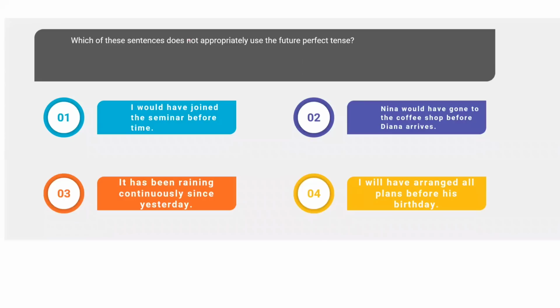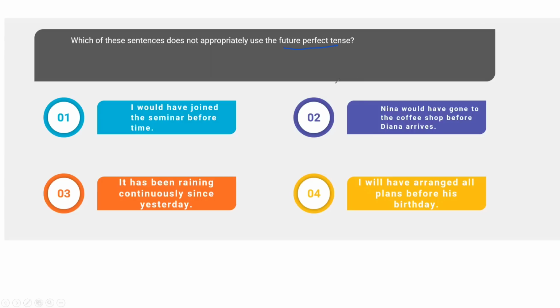Moving to the next question, which of these sentences does not appropriately use the future perfect tense? When your question is based on tenses, always remember the syntax of all the 12 tenses, which is also available in one of the videos on the channel. So if you want, please check it out.